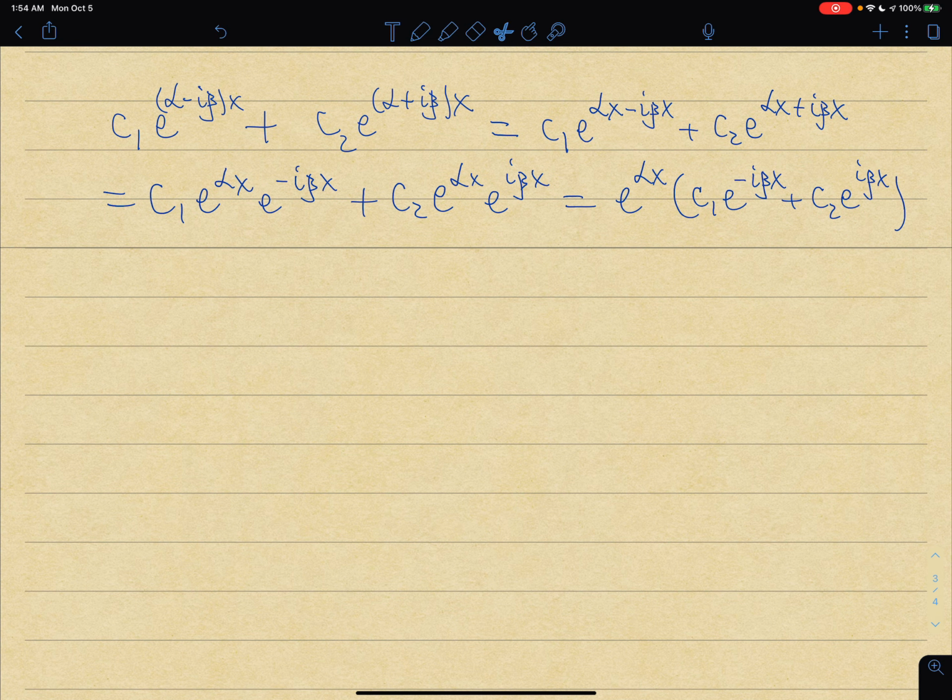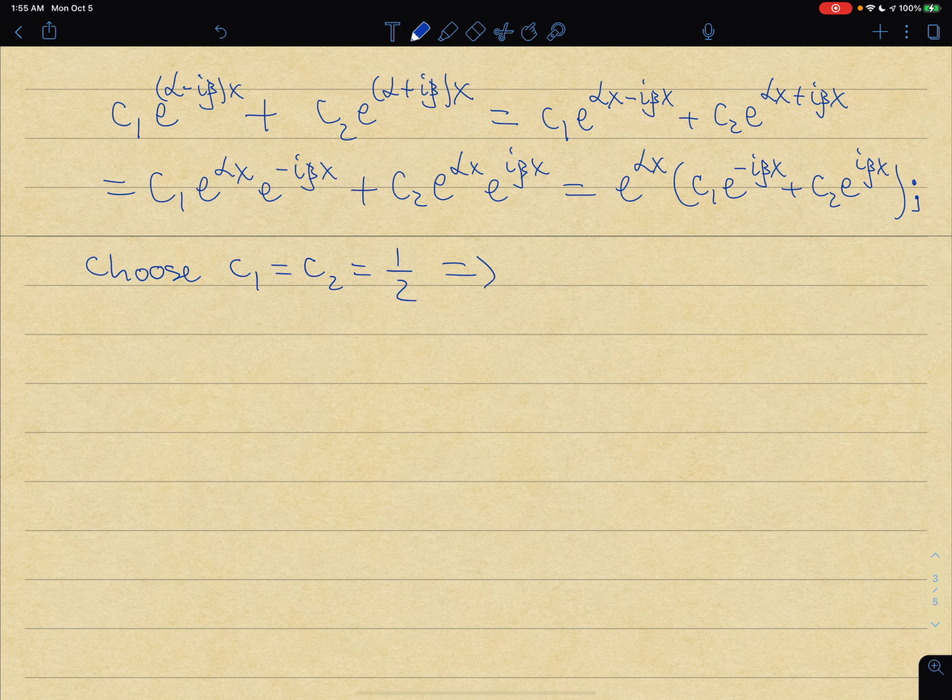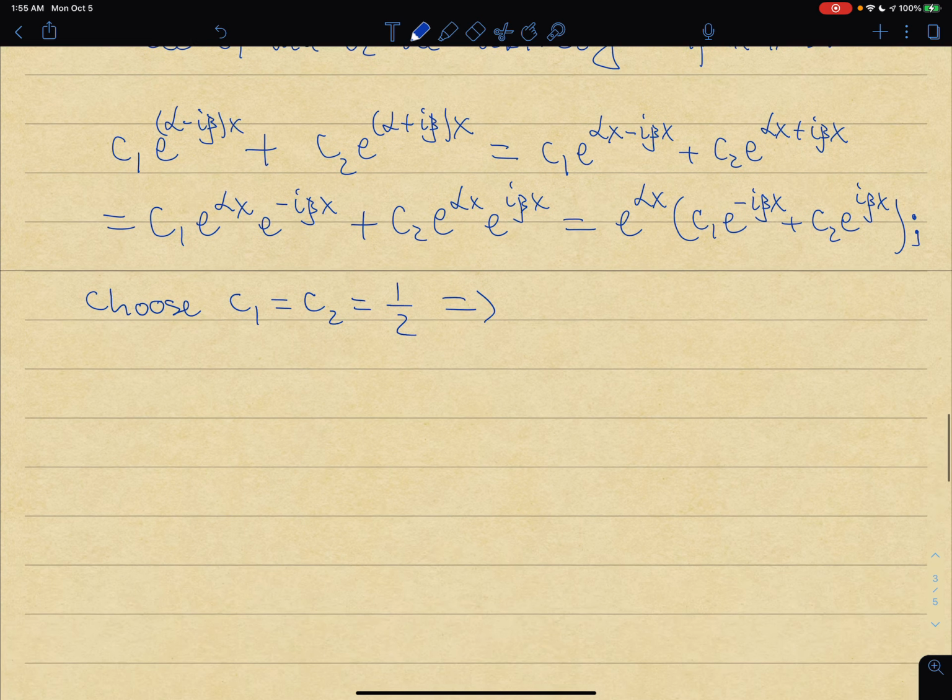Okay, so I just said that my ODE can be solved by this complex solution here for any choice of C1 and C2. So what I'm going to do, I'm going to choose C1 and C2 both equal to 1/2. In this case, then what am I going to get?